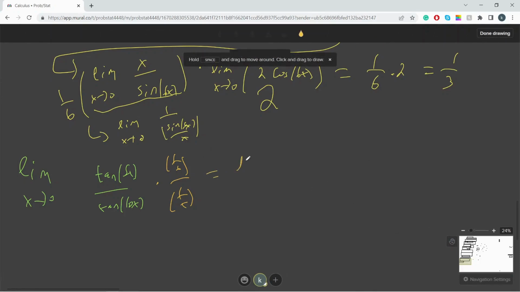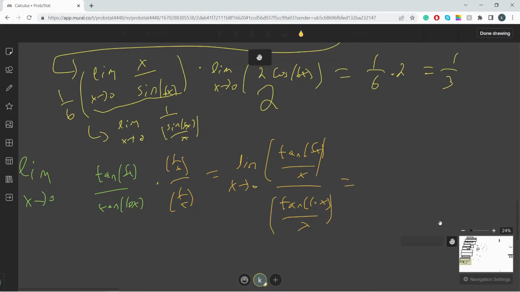So we have that this is equal to the limit as x approaches 0 of tangent of 5x over x divided by tangent of 10x over x. And now we have to solve these two limits individually.